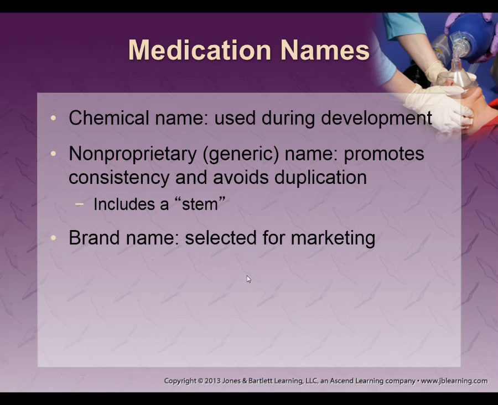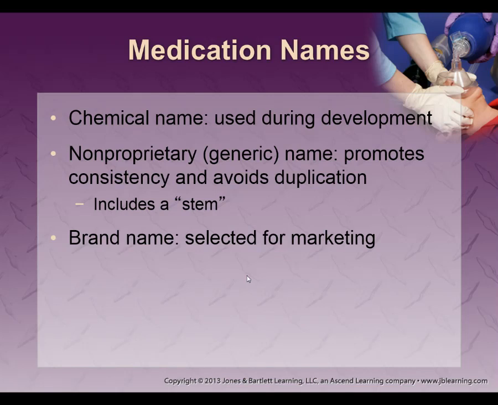Medication names. Every medication is given basically a chemical name that's used during development. The chemical name might be something like H4C5 and 3, and that would be kind of what you learn in chemistry.